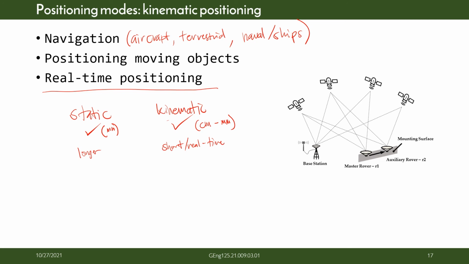I'm referring to the global navigation satellite system mode of positioning. So as you stand here, you have your position, and when you move, your position at this instant is also determined in real time. That's the advantage of kinematic positioning using global navigation satellite system.